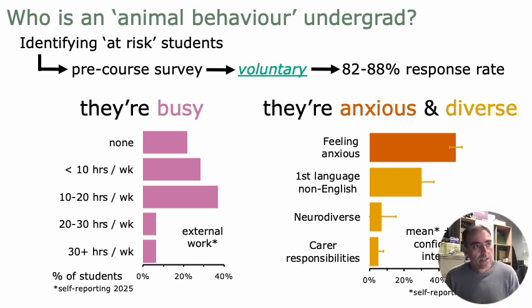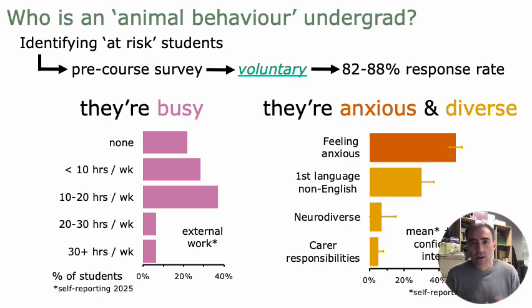A lot of the students are very anxious about something about their learning, and they also come from very diverse learning backgrounds. Over half of my students will self-identify as being anxious about something. A third of my students will identify that English is not their first language.